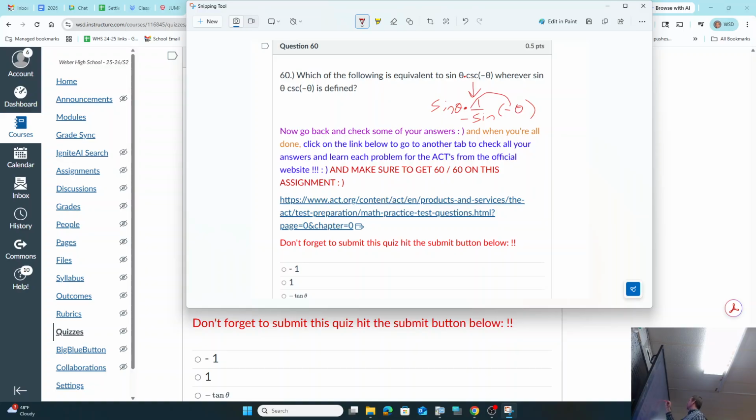So now we have sine times 1 over negative sine. And so that's sine times 1, over negative sine. So we just multiply it, and that's sine theta over negative sine theta. Those cancel, leaving you with a negative 1 over 1, which is negative 1.